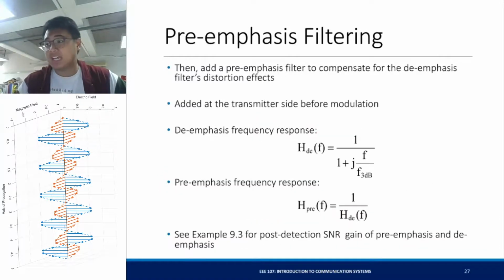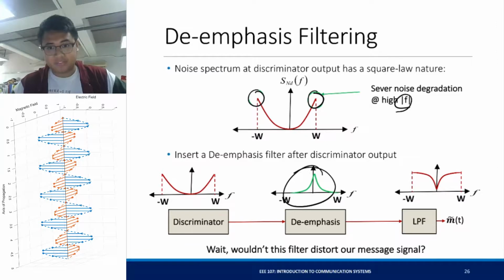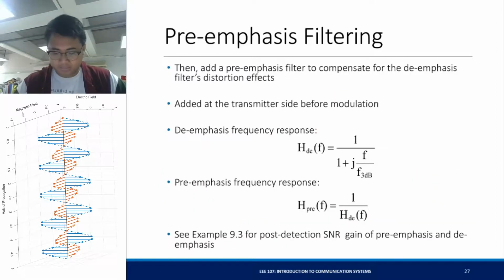Well, we can use a pre-emphasis filter that will equalize the effect of the de-emphasis filter. So the pre-emphasis filter will have an inverse frequency response to that of a de-emphasis filter. Okay, so there's an example in the book for that.